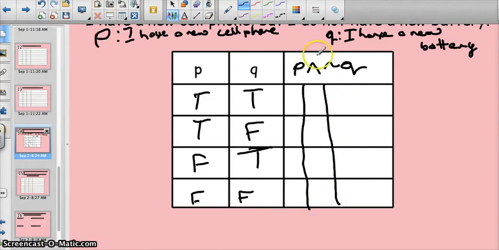I fill in anywhere there are the letters. So P was true, true, false, false. And Q is true, false, true, false. So the opposite of Q would go false, true, false, true.